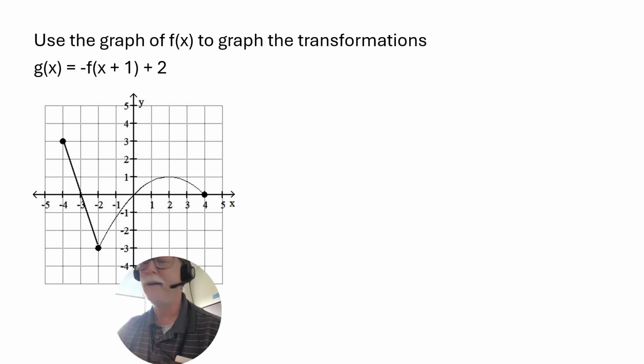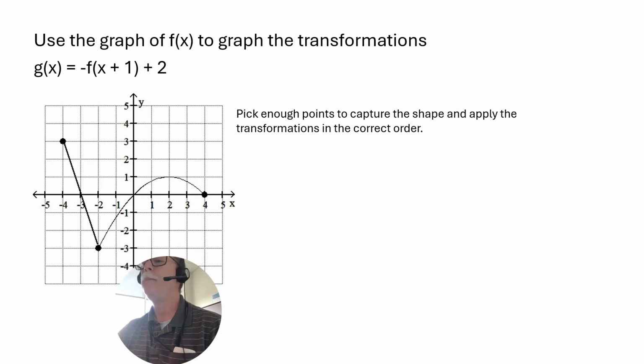What do we do now? Well, we need to pick some points on the graph, and we're going to walk through the transformations and see where they end up, like that. If you've got a line segment like is on the left, pick the end points. You don't have to pick a bunch of points in the middle. If you've got a curve that looks kind of like part of a parabola, it is.